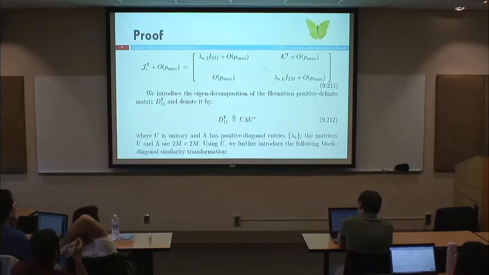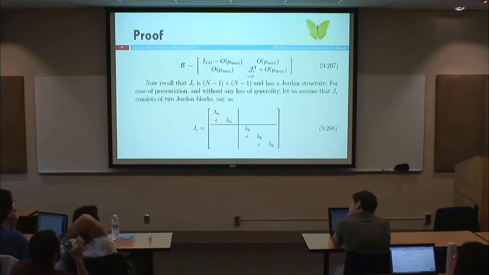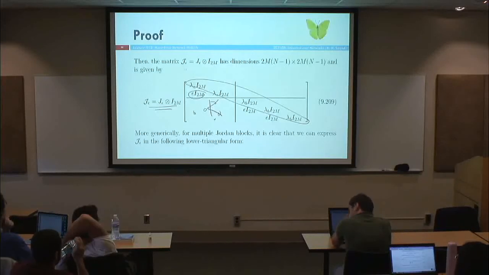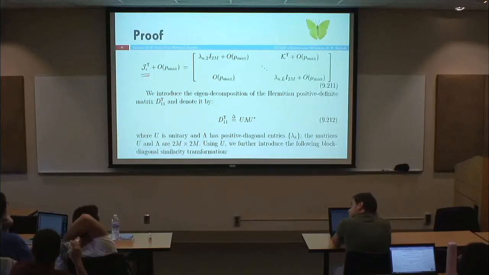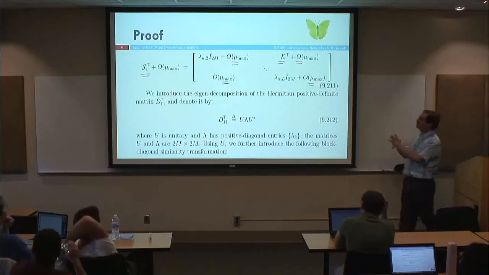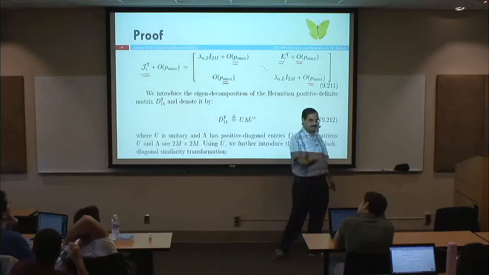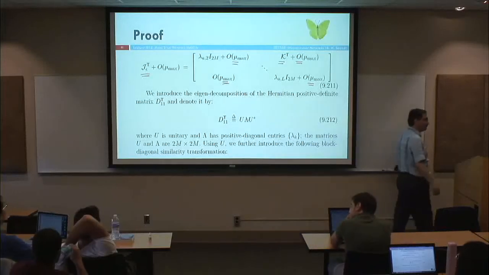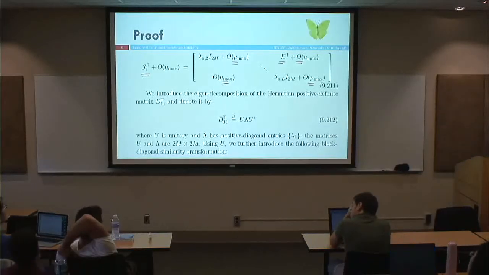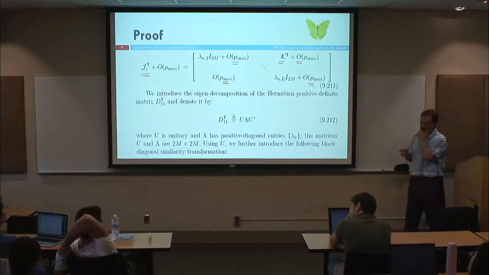It is the transpose of that plus O of mu that appears in B. So let's go back. If I write the transpose of that, K becomes here, and then I add O of mu to all of these entries. So all I'm saying is what is the order of the entries of that quantity that appears in B. Very good. Okay, so now comes the argument.